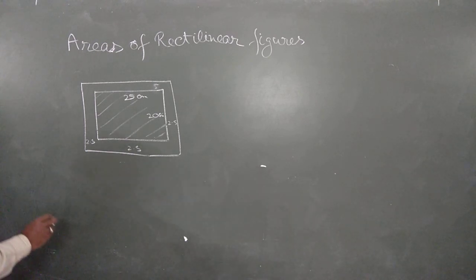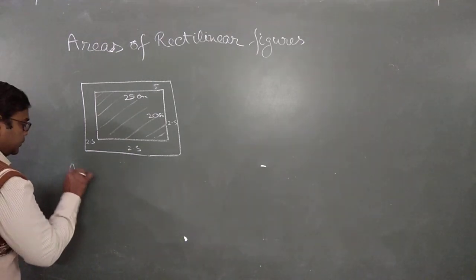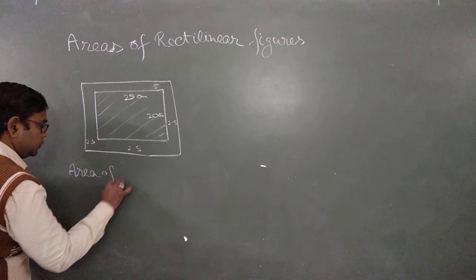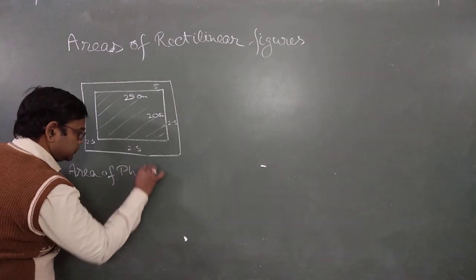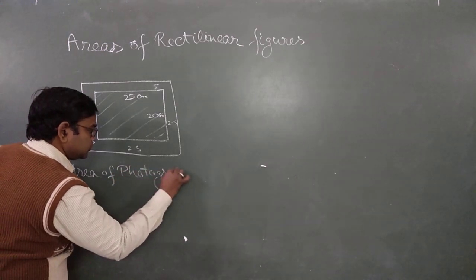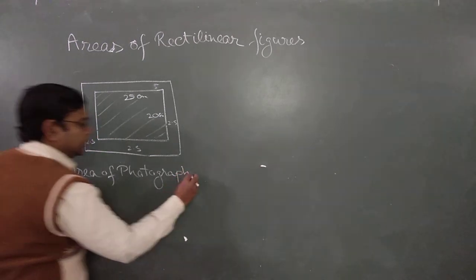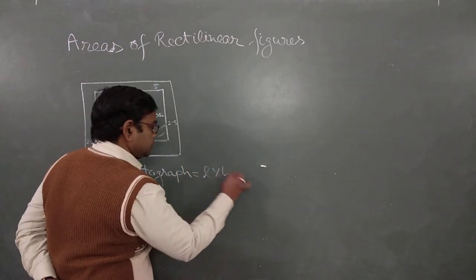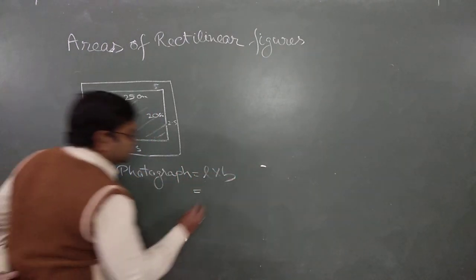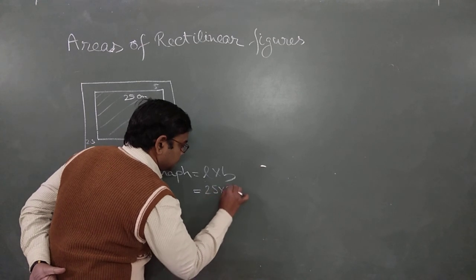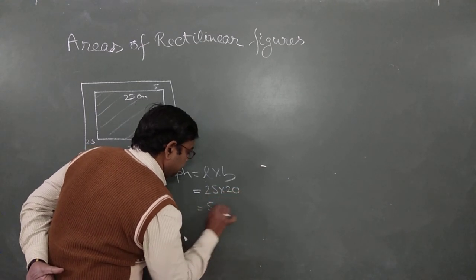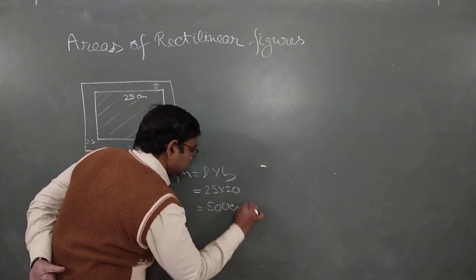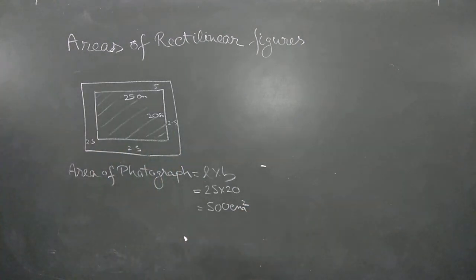So first we have to find the area of the photograph. As we know, it's length into breadth. Length is 25, breadth is 20. It's 500 centimeter square. Clear?